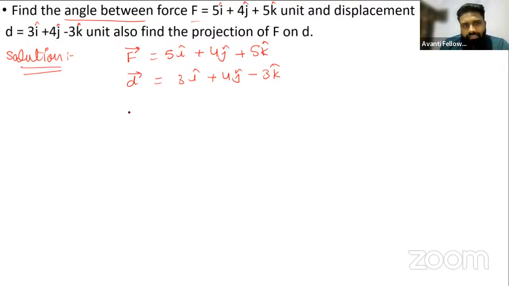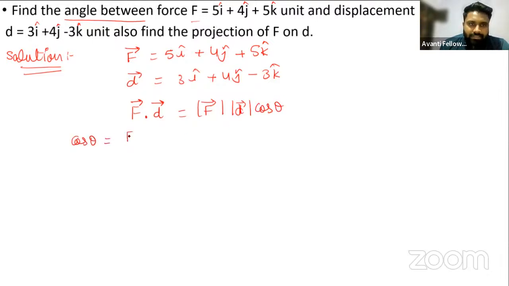What we can do is take the dot product of them. F dot D is equal to magnitude of F, magnitude of displacement vector into cos theta. For the angle, cos theta is the dot product of F vector dot D vector divided by magnitude of F, magnitude of displacement vector.